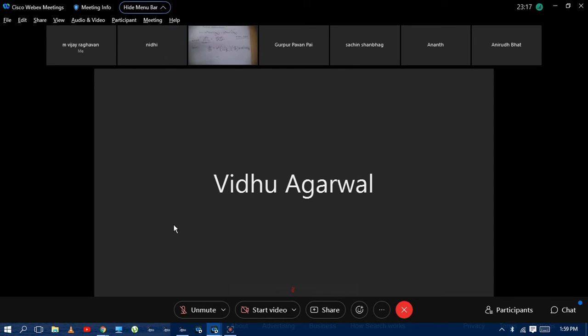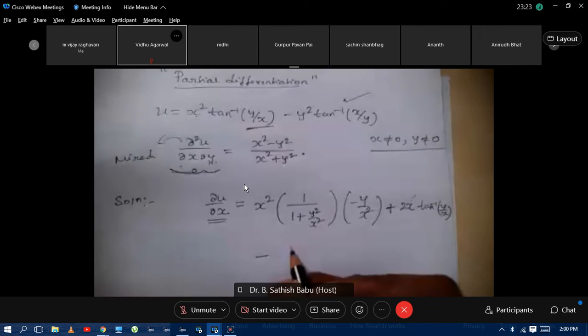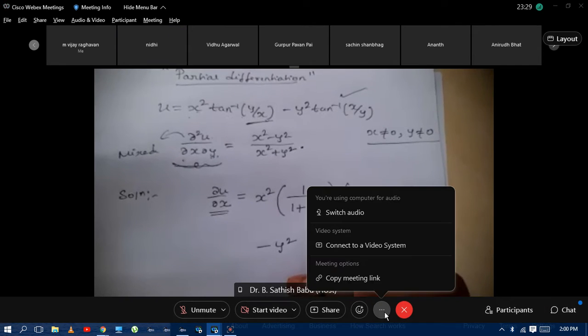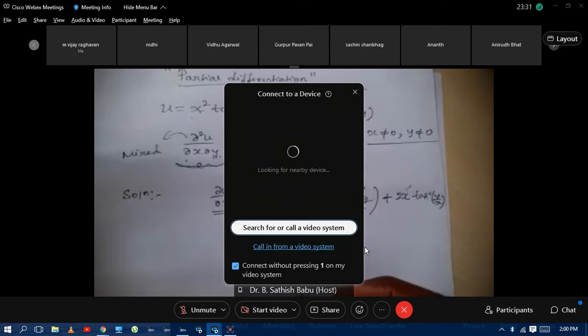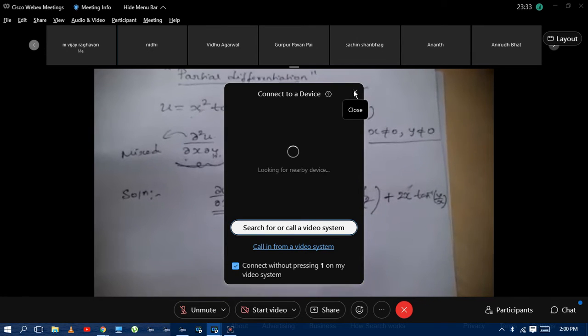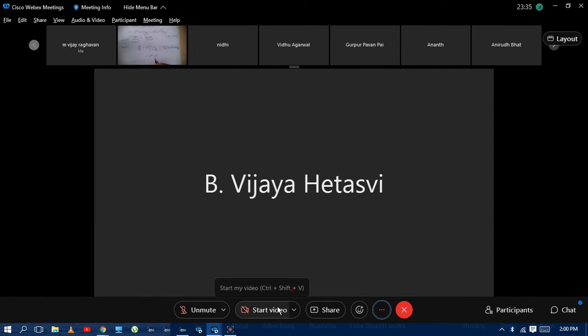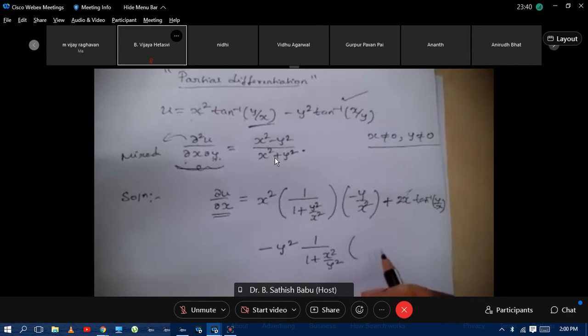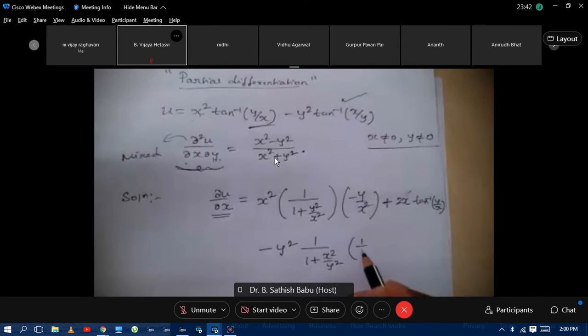What about the differentiation of the next term? We keep y square as constant and differentiate tan inverse of y by x. Is it still product rule or no need of product rule? No need of product rule, sir. 1 over 1 plus y square by x square into differentiation of the interior term.